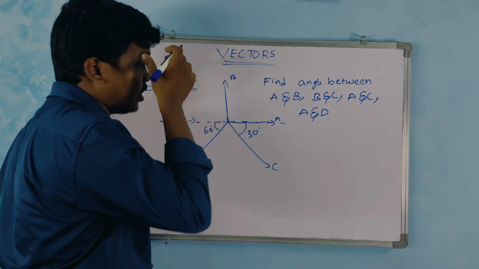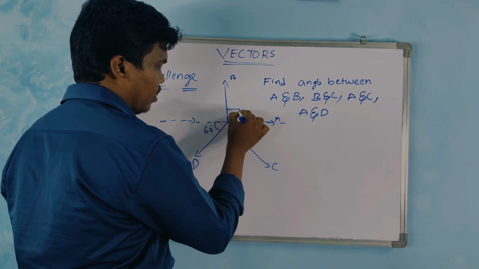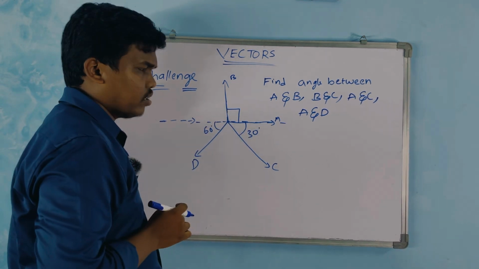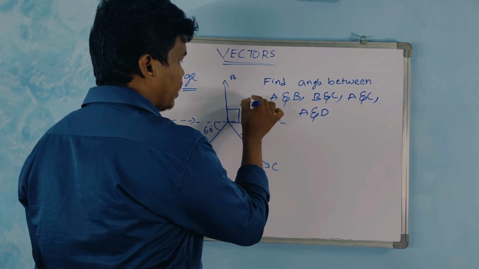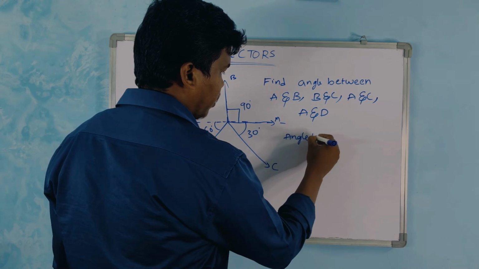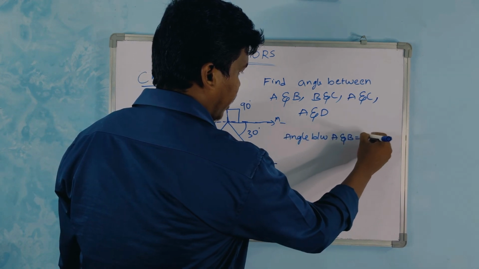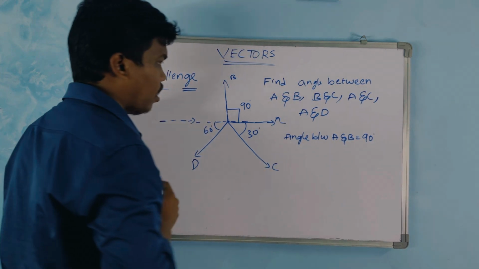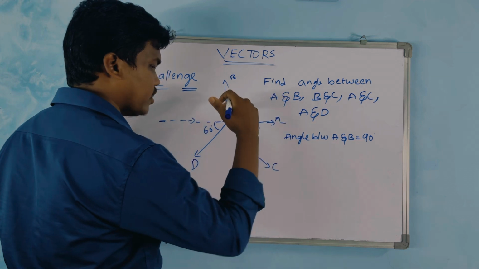The first question is, what is the angle between A and B? We can give the answer simply. The angle between A and B is 90 degrees. After that, the question is, what is the angle between B and C?